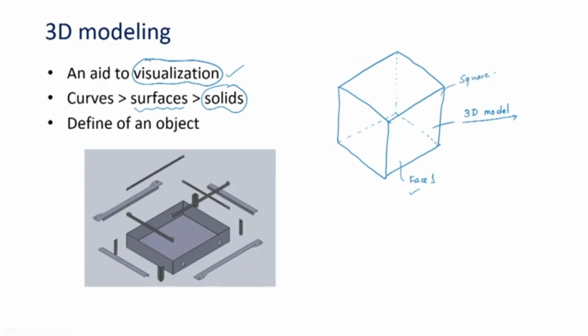Now, this square is made up of lines, line 1, line 2, line 3 and line 4. All these lines have 2 vertices. The vertices are V1, V2. In a similar way, we also have vertices for line 2, 3 and 4, and each vertex has x, y and z coordinates.